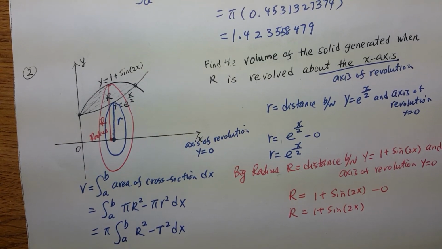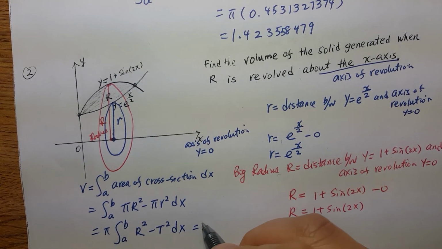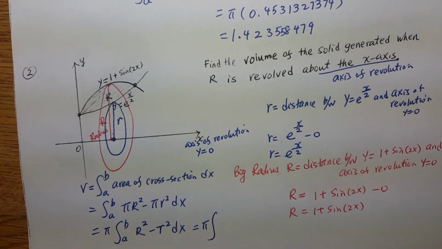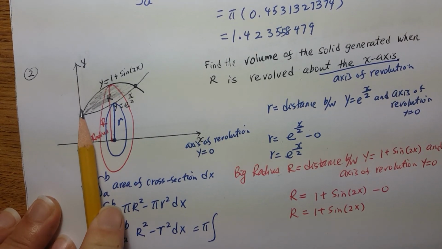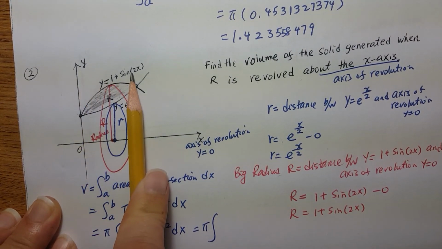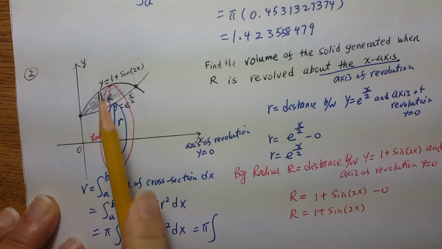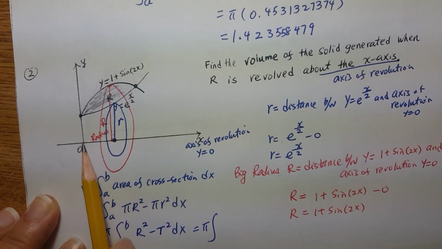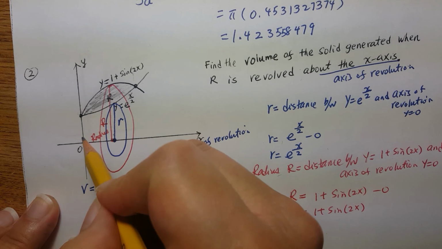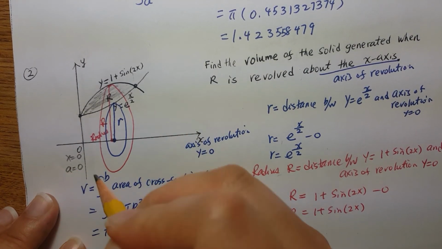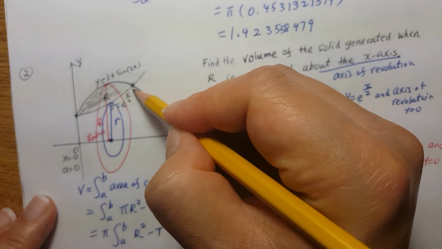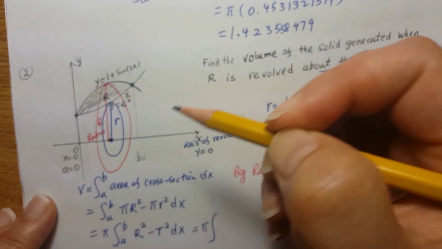Now we are going to find what a and b are. Here, this is the shaded region. It starts from here and then you move all the way to the other intersection point. This point is already given, at x equals 0. So x equals 0 and a equals 0. I need to find this other point, which is going to be b.